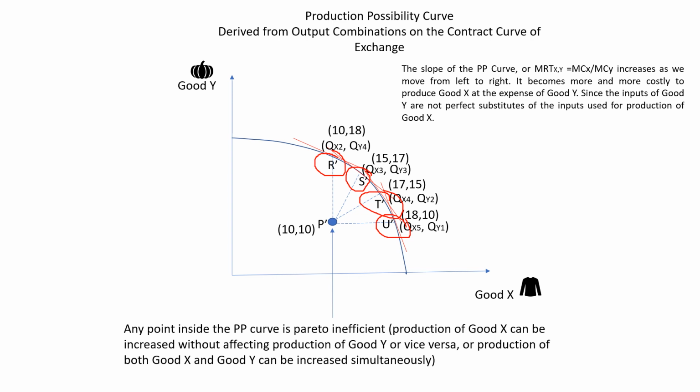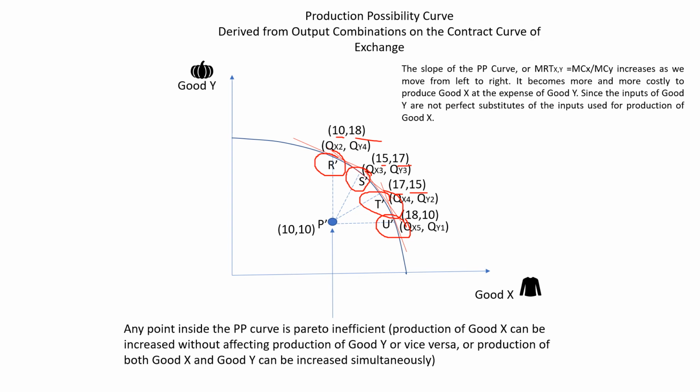So we move from 10 to 15 after a sacrifice of 1 unit of y, and then in the next movement, from S prime to T prime, we are able to increase the output of x by only 2 units for a 2-unit sacrifice of the output of y.